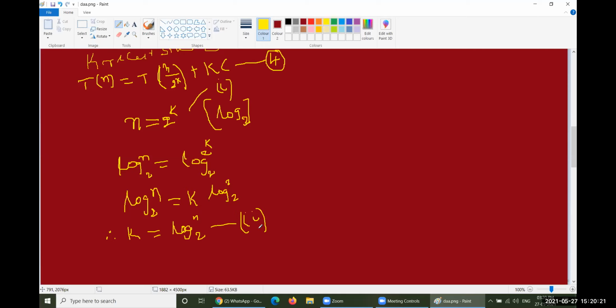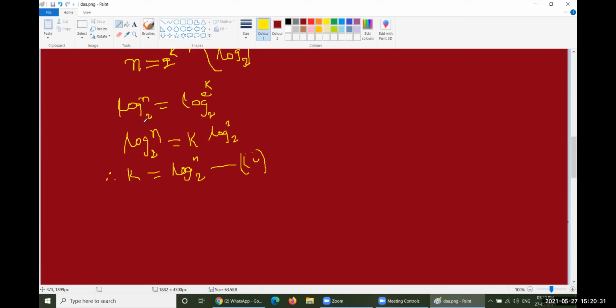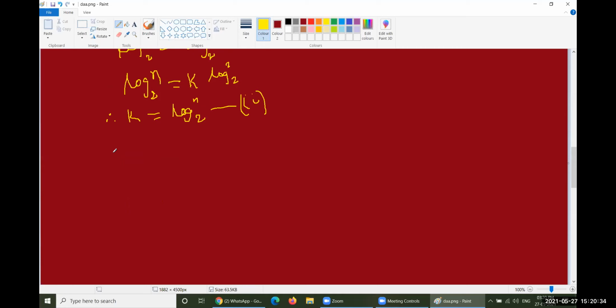These two will be substituted in this equation, that is T of n equal to T of n by 2 power k plus kc. So substitute these two in this particular equation. T of n will be equal to T of n divided by 2 power k, plus kc.